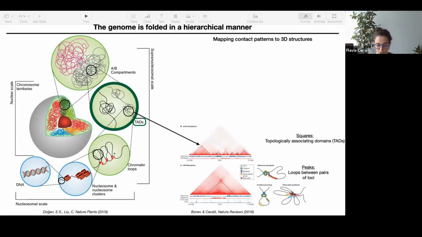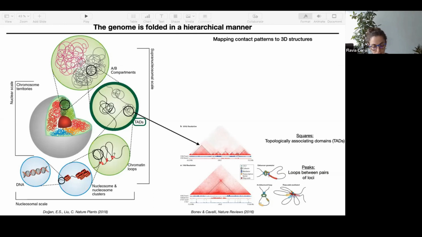We can see this feature in Hi-C maps represented as dots, peaks of enriched contacts for loops, or as enriched contact squares for TADs that are insulated from one another. So a position within a certain TAD will have a higher probability to contact a region within the same TAD than another position outside of its TAD.